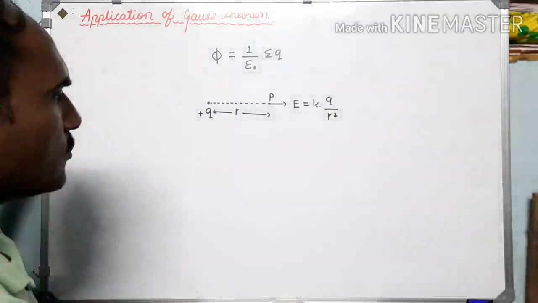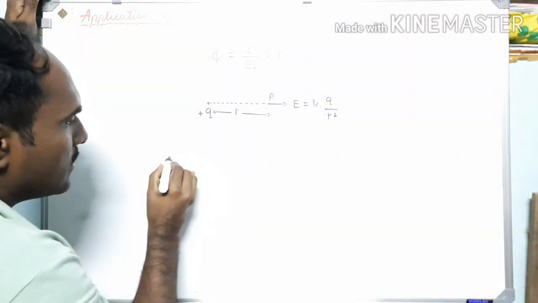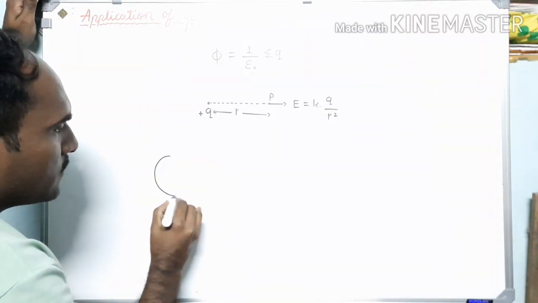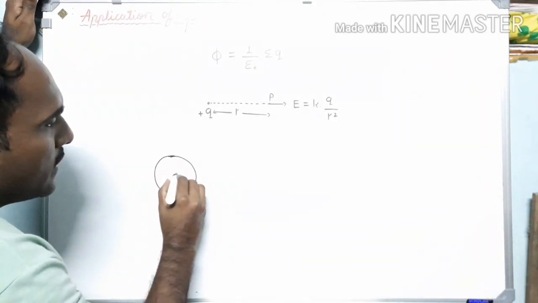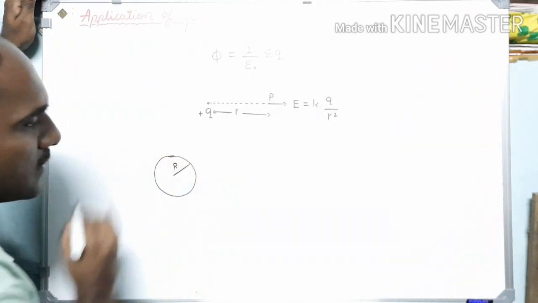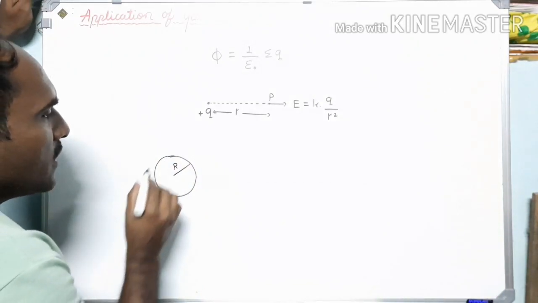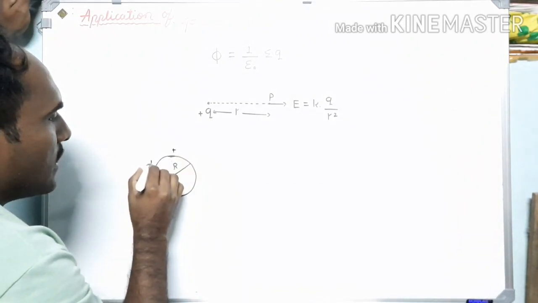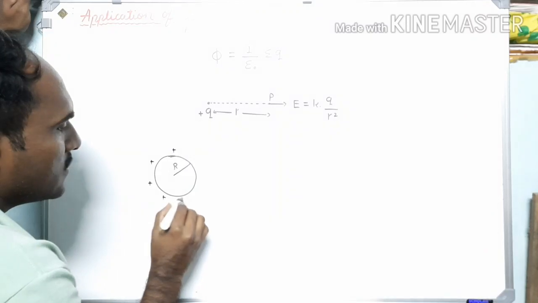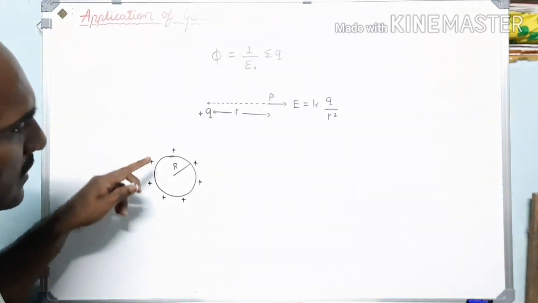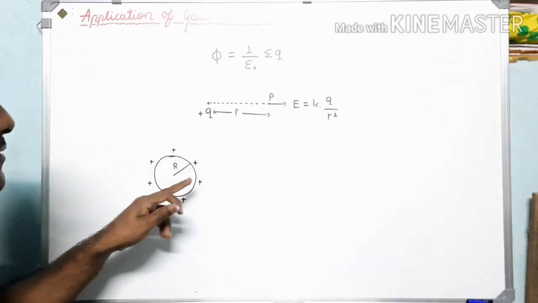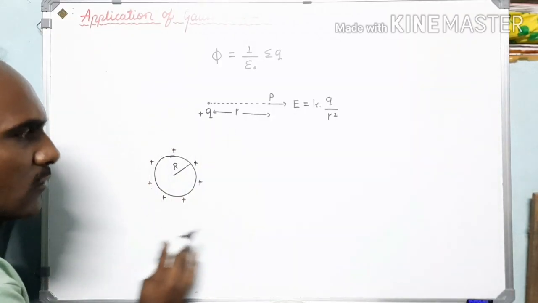But now my question is, consider a sphere. This is a sphere of radius R. Getting the idea? Now, I will charge this sphere like this. These are the charges found on the surface of the sphere. Since this sphere is charged, it is having an electric field around it.